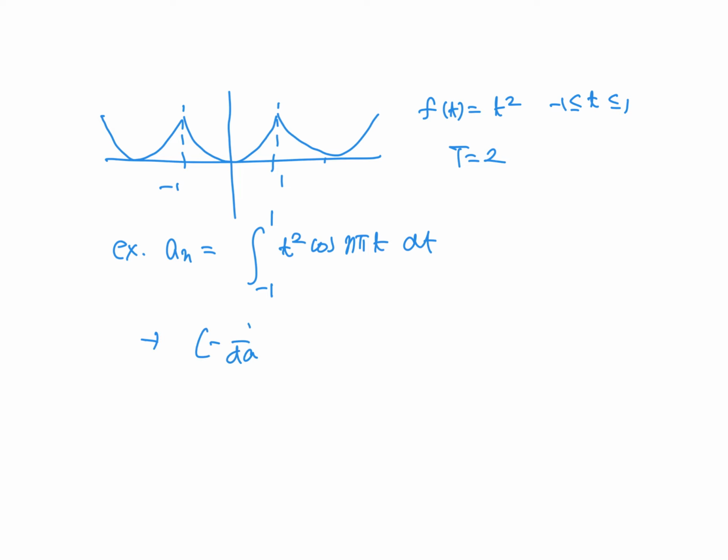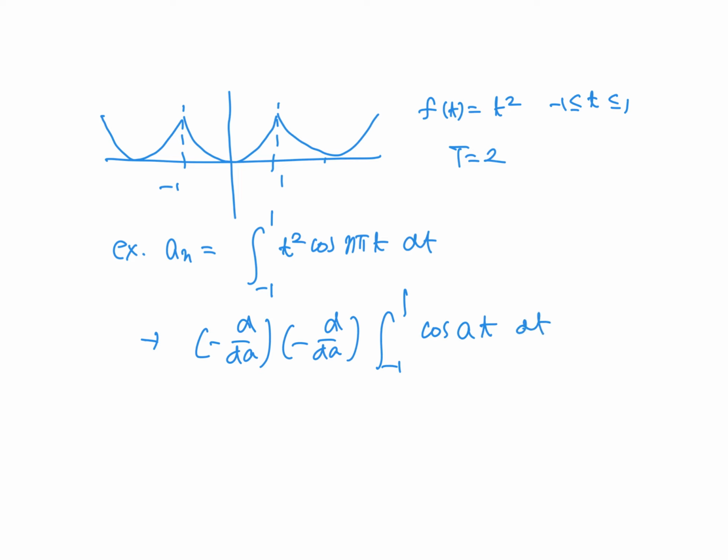Minus t a, minus t a, sine, actually cosine. In this case, we have to use cosine. Cosine at, right?